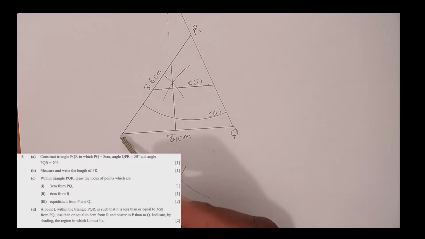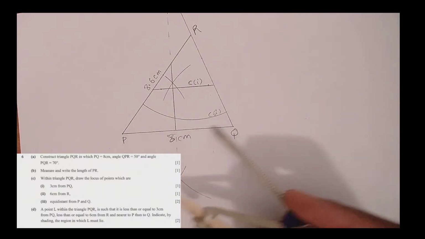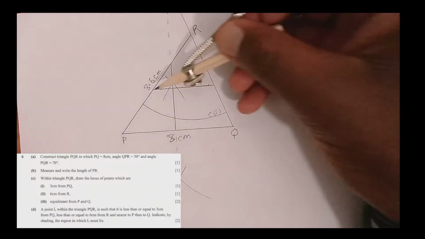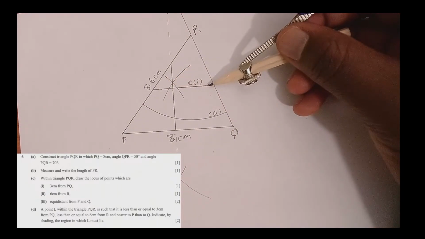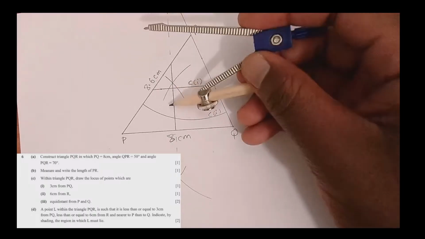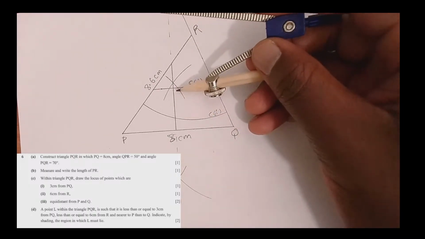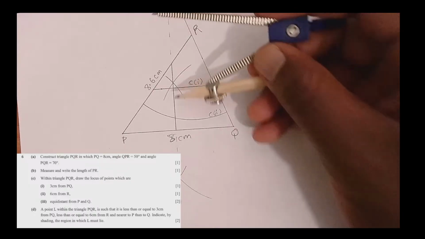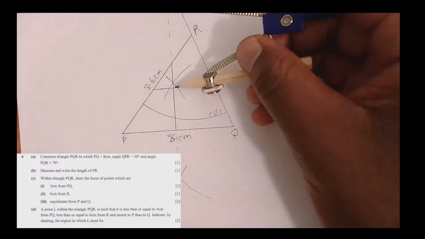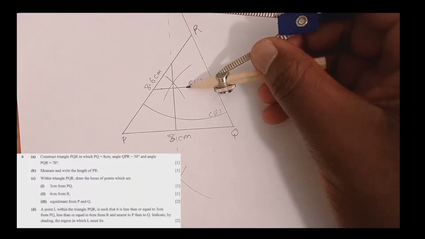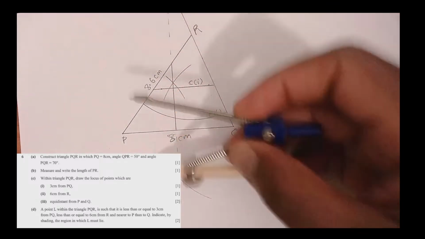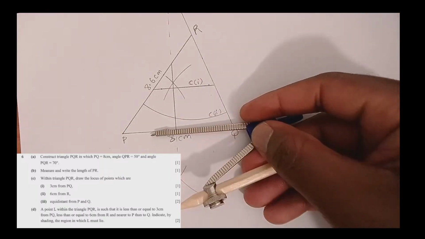So remember, we drew the locus of points which are 3 centimeters from PQ, which is right here on this line. But the point L is less than or equal to 3 units from PQ, meaning that the L part will be below this line. Okay, so that is the first part. We are below this line.